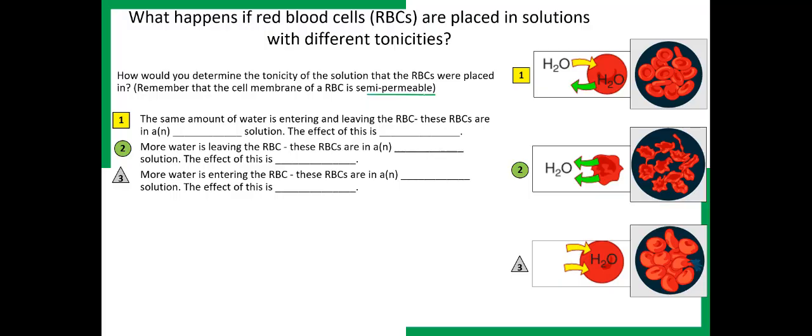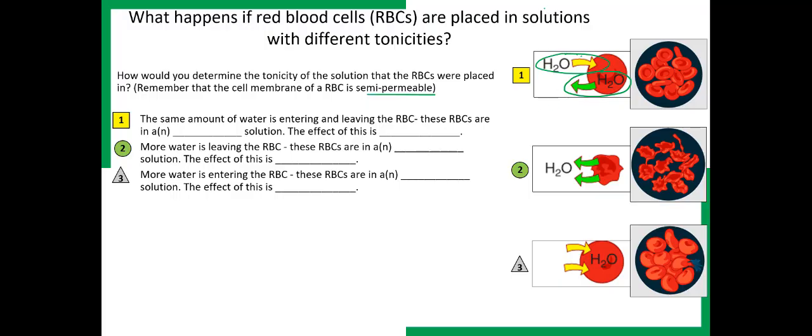So if you look at the example in the first figure, and look at the direction of the arrows, you can see the amount of water moving into the cell is the same as the amount of water moving outside the cell. So there's no net movement of water across the cell membrane of the red blood cell.